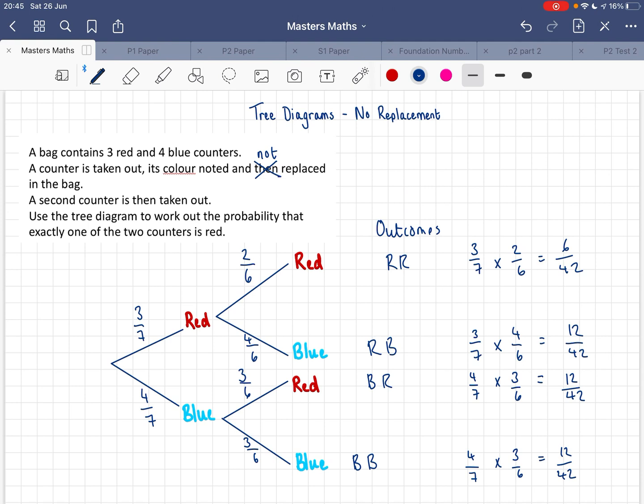We're interested in the probability that exactly one of the counters is red. These 2 outcomes have exactly one counter being red. We've got red then blue and blue then red. So that means we have to add these 2 probabilities together to work out the total probability. So to answer this, the probability of 1 red is equal to 12 over 42 plus 12 over 42.